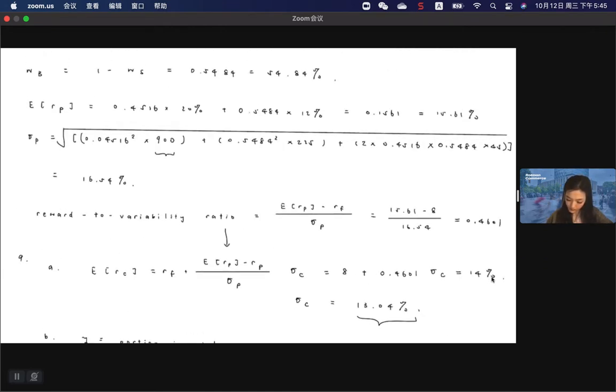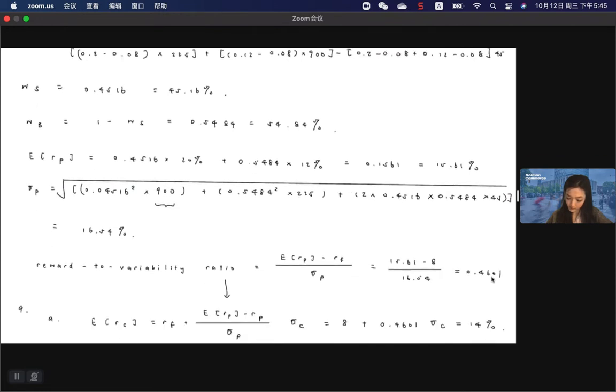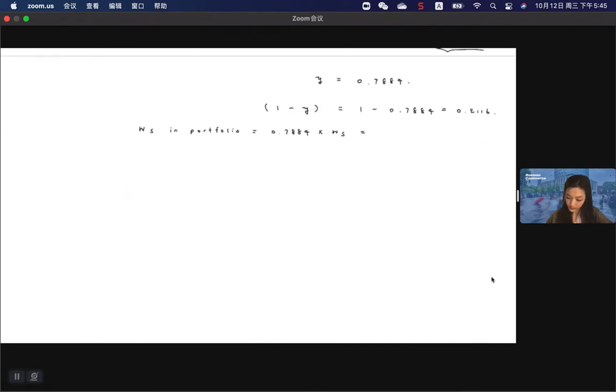So as we calculated, WS equals 45.16% times 0.7884. So you can do the calculation, and bond is the same.